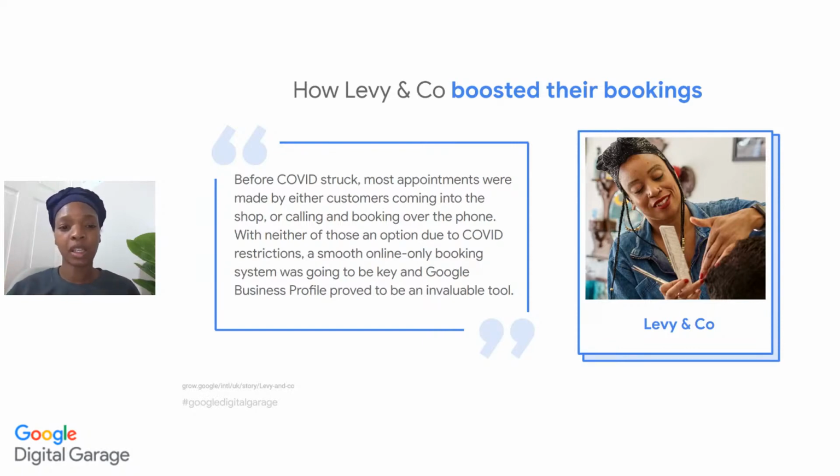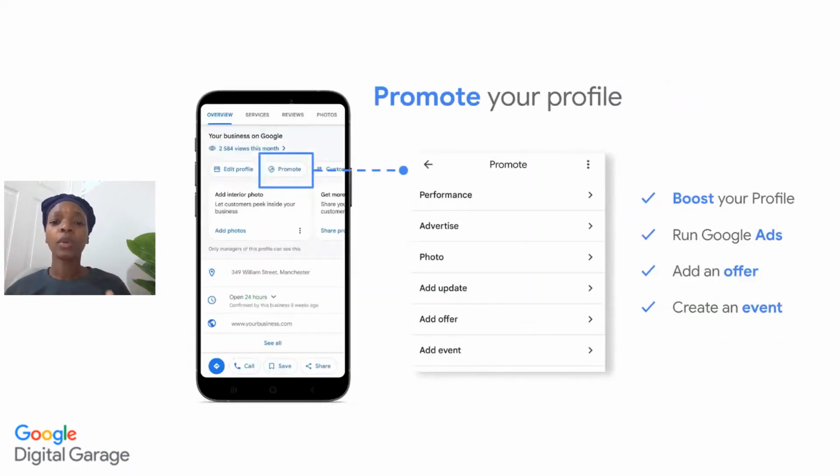So if you want to invest in promoting your profile to more prospective customers, you can promote your profile within Google Maps app as well. So head over to Google Maps apps on your mobile device and search for your business. When you get to there, you can promote it.